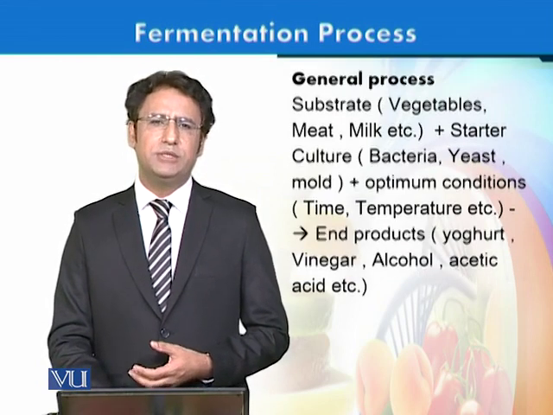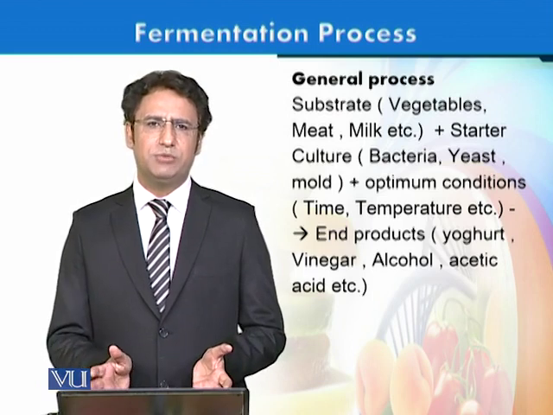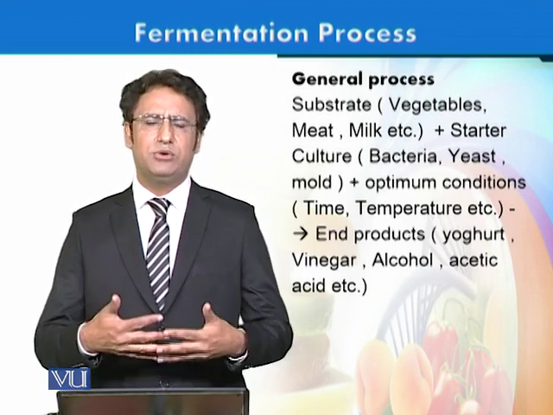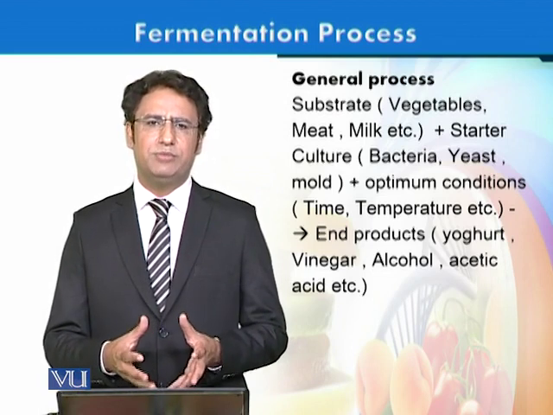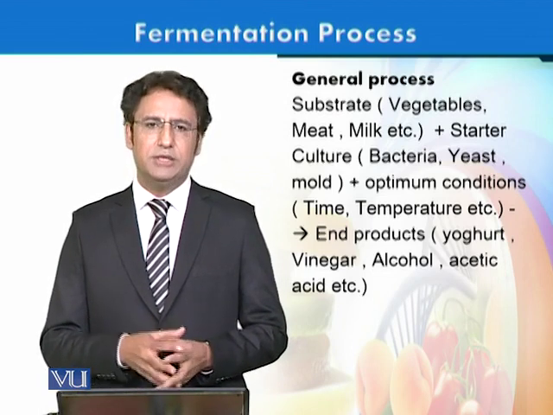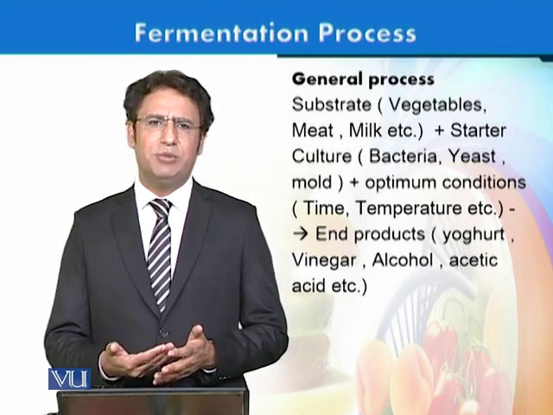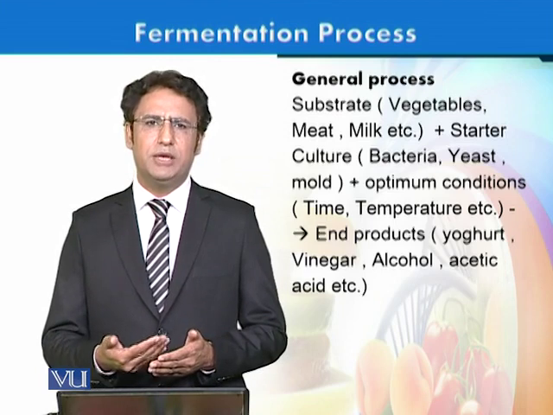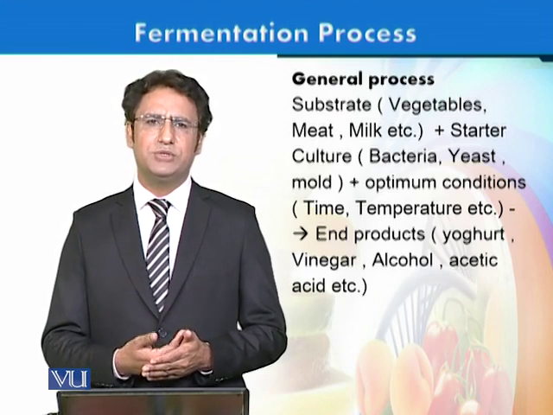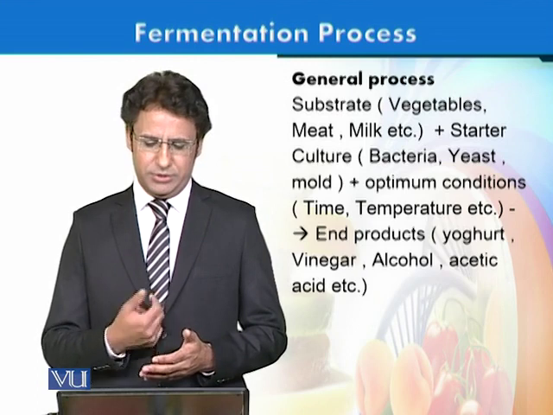If you look at the general process of all these fermentation processes or all these different kinds of products, the general flow chart of this processing involves the substrate. The substrate can be vegetable, it can be milk, it can be meat, or any other source that has to be utilized for the production of the end products.